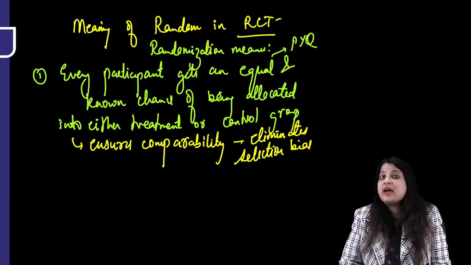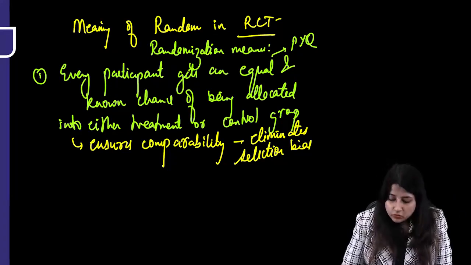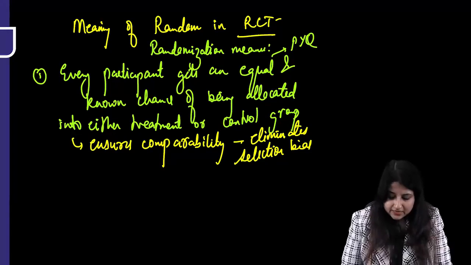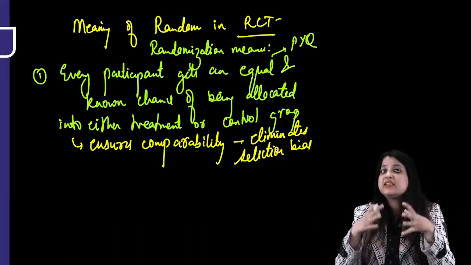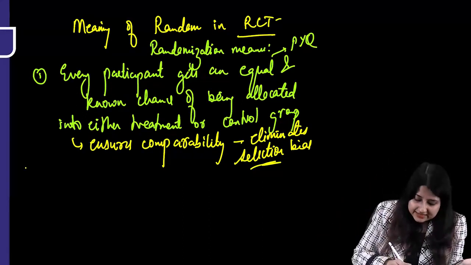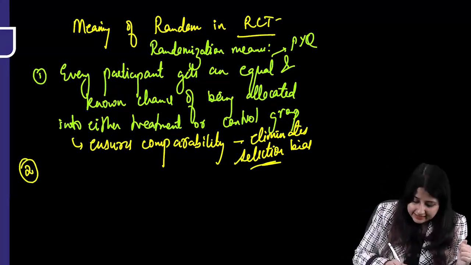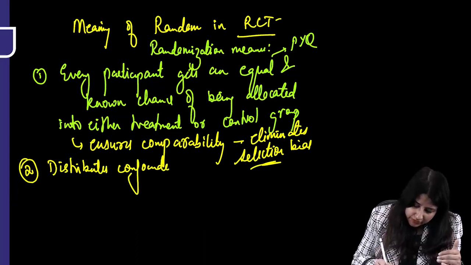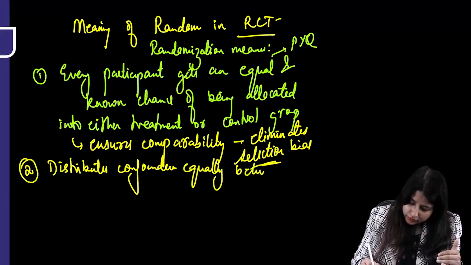Every participant gets an equal and known chance of being allocated into either the treatment or control group. So it ensures comparability, so it eliminates selection bias. And what is the second point over here? It distributes confounders. How? Equally between two groups.